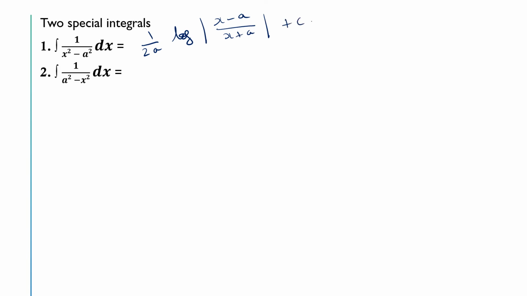Then the next one is integral 1 by a square minus x square into dx. So this is equal to 1 by 2a log mod a plus x by a minus x plus c. So these are the two integrals that have to be remembered.